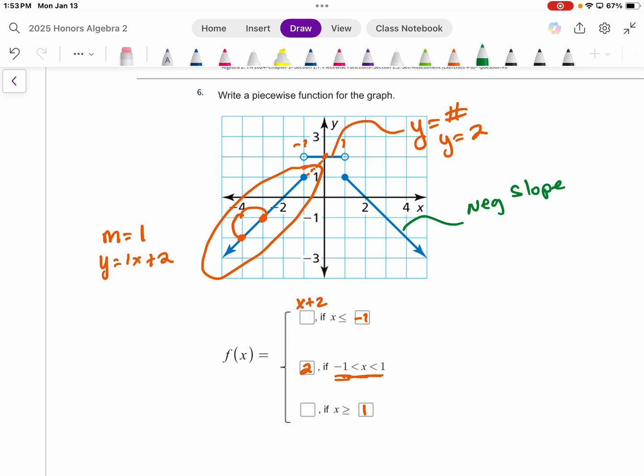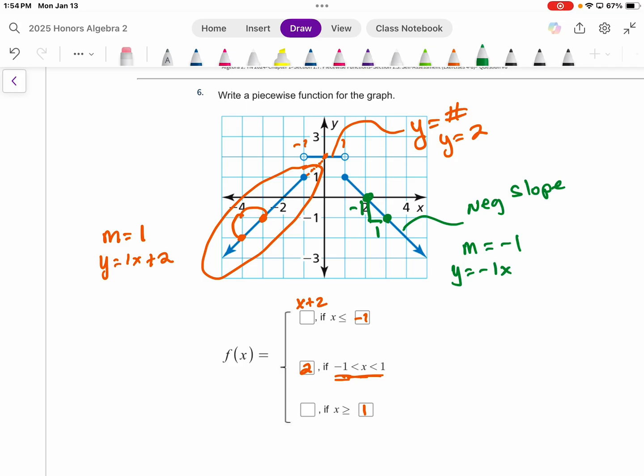With that in mind, I picked two spots. Doesn't matter where. I see two nice corners it crosses. I went down 1, to the right 1. So that has a slope of negative 1. So I know my equation is y equals negative 1x. Now I've got to figure out its y-intercept.